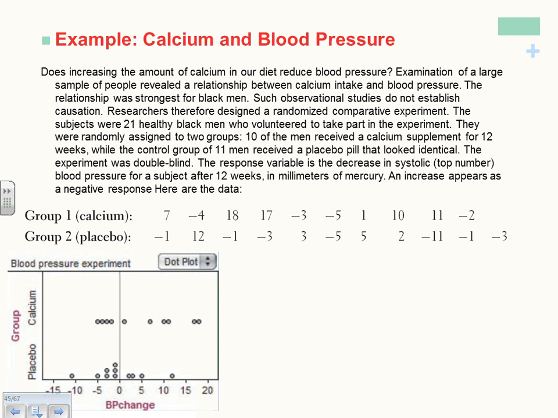They were randomly assigned to two groups. 10 of the men received a calcium supplement for 12 weeks, while the other control group of 11 men received a placebo. It was a pill that looked identical. The experiment was double-blinded. The response variable is the decrease in systolic, top number, blood pressure for a subject after 12 weeks in millimeters of mercury. An increase appears as a negative response, and here are the data.